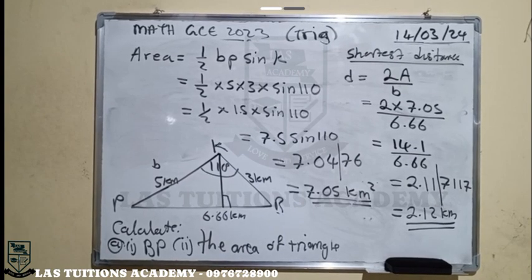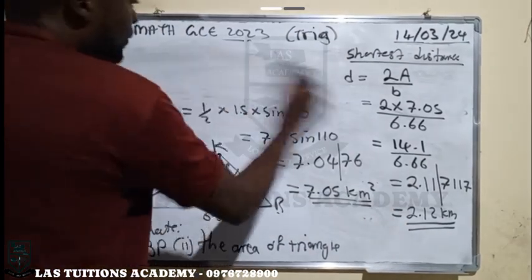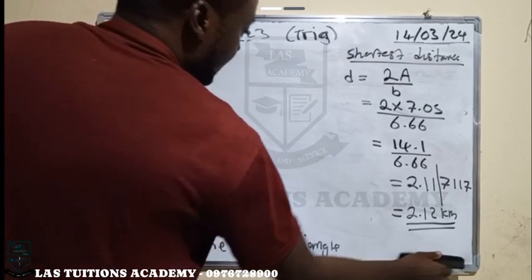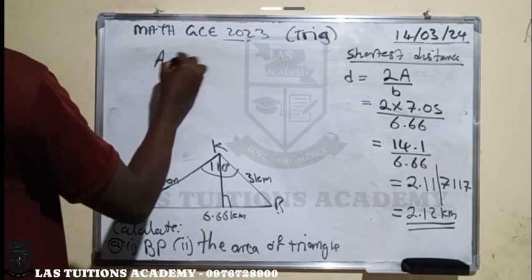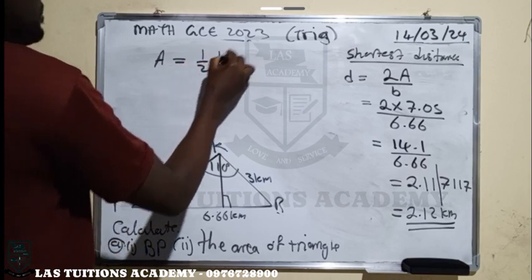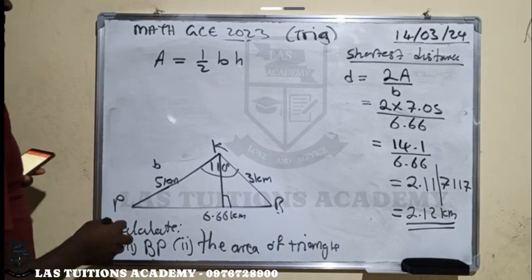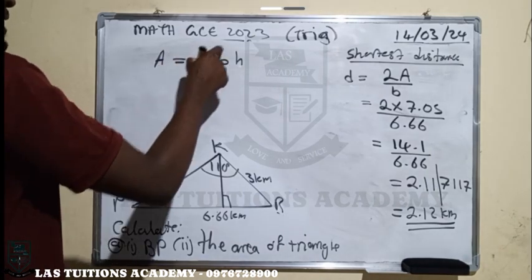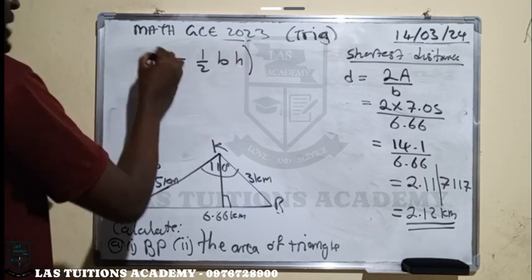For curiosity's sake, when you consider half BH, the formula is area is equal to half BH. We are trying to make H the subject of the formula. We need to get rid of the half and get rid of B. To get rid of half, we multiply everything by 2.